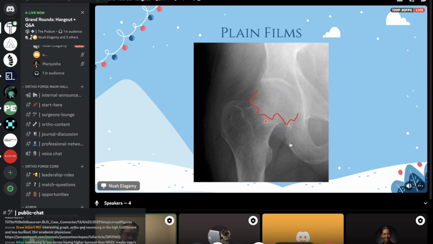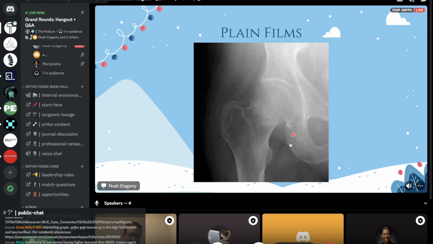You can almost usually see it through the head. If you move your cursor more to the left of the screen, you can see how there's a dense, jaggedy line. Oh, right here? Yep, exactly. Oh, yeah. Okay. So you can almost see where the femoral neck fracture actually is.